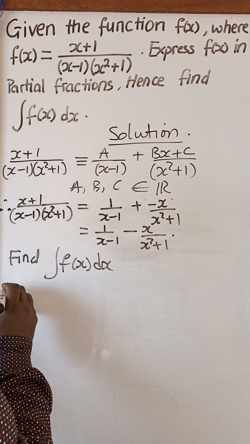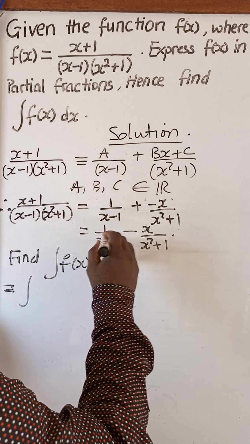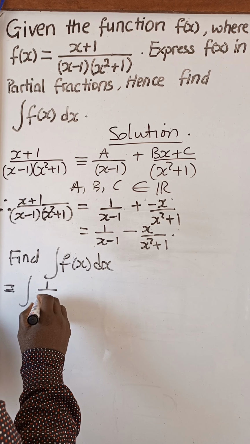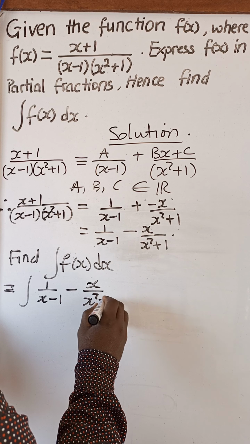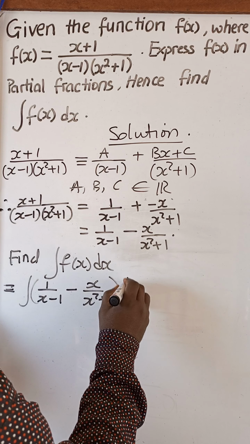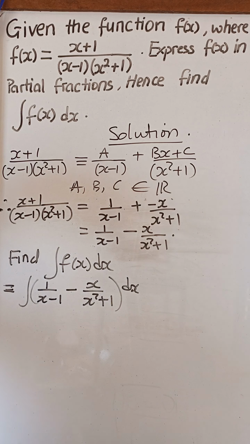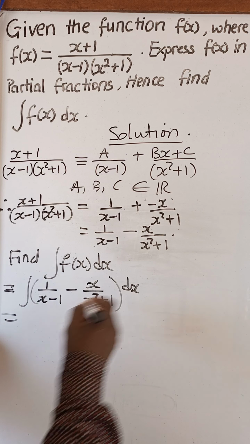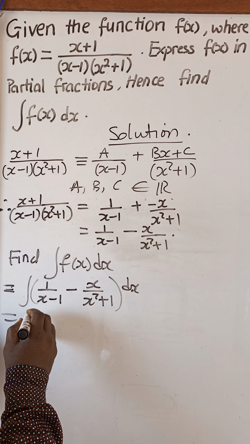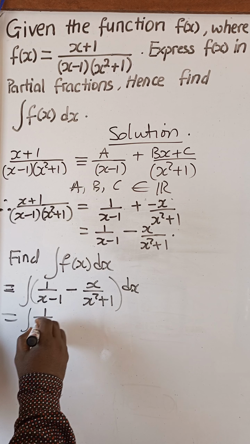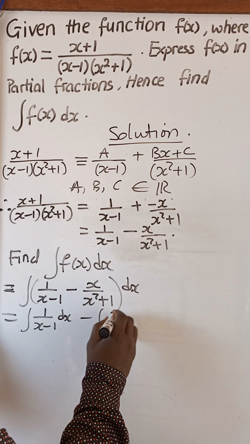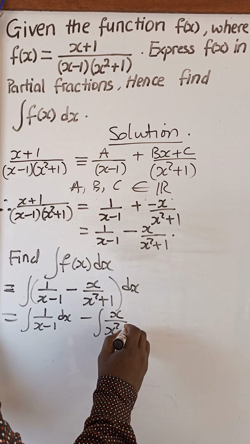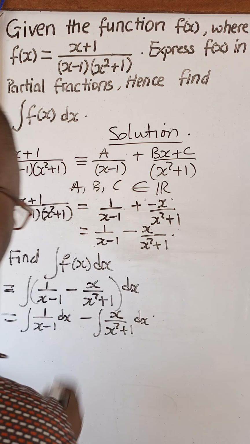This will just be equal to the integral of 1 all over x minus 1 minus x all over x squared plus 1, all of that with respect to x. Now, the integral of a sum is equal to the sum of the integrals. So it will be the integral of 1 all over x minus 1 with respect to x, minus the integral of x all over x squared plus 1 with respect to x.